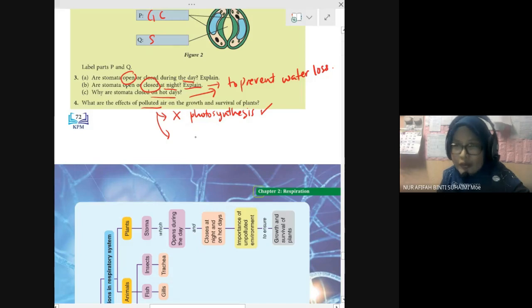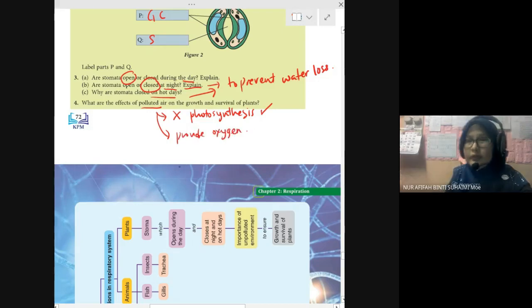Provide oxygen. Good, Brandon. To provide oxygen. To balance the level of oxygen. Okay, provide oxygen. Good. So we need the photosynthesis process. We need plants to increase the level of oxygen in the ecosystem.